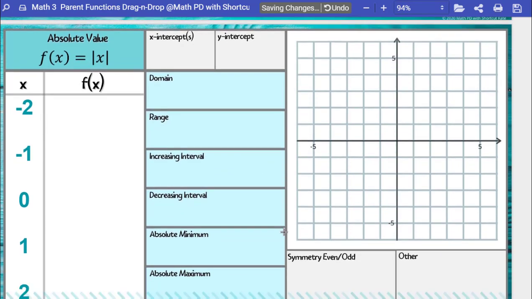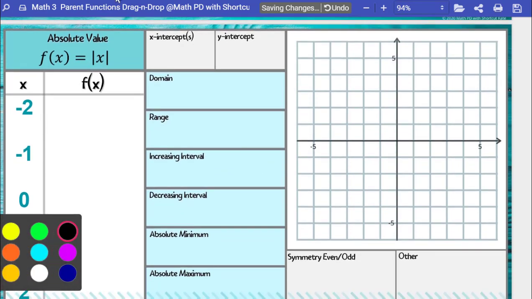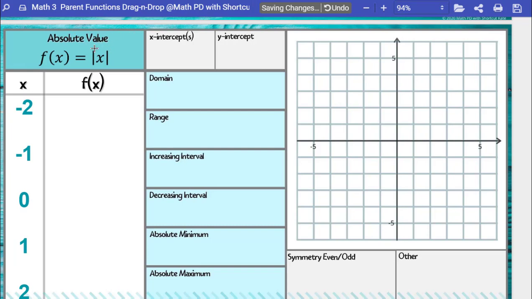Absolute value function. So we're talking about distance away from 0 or distance away from a particular number. In this case, it is going to be 0. And if you remember, the output is always positive because we're talking about distance.